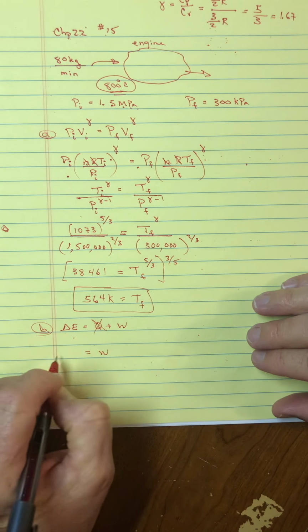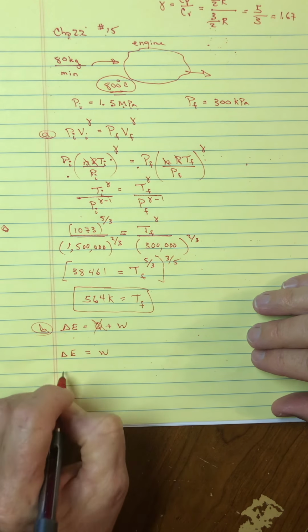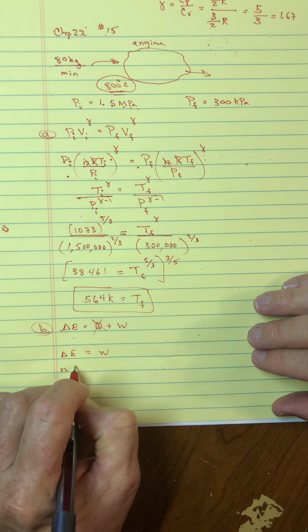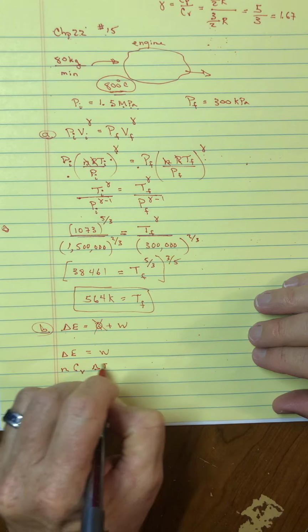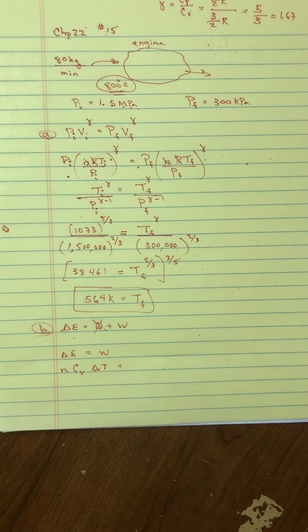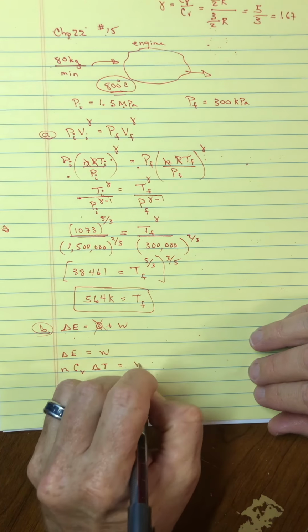And so the work equals the change in internal energy. And internal energy always equals the number of moles times the Cv times the delta T. Now that's looking good because the delta T I do have. I do have the beginning temperature and the ending temperature. So that's all really good. And so that's the work.